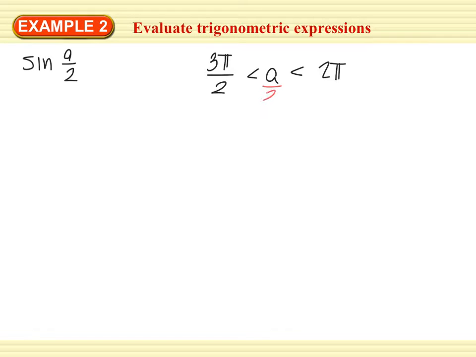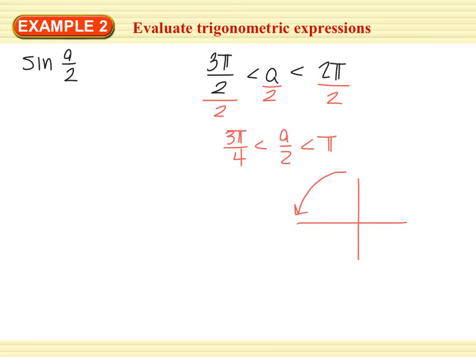I'm doing A over 2, so if I divide this one by 2, and this one by 2, I actually get 3 pi over 4 and pi. So if I look at my coordinate plane, 3 pi over 4 is 135 and pi is 180. So I'm in quadrant 2. And I know sine in quadrant 2 is positive.